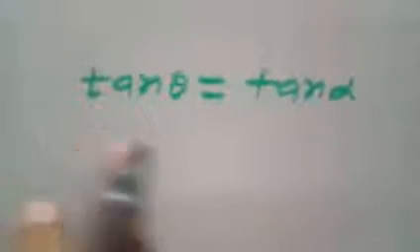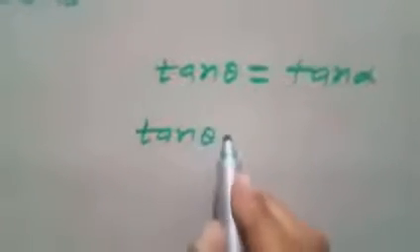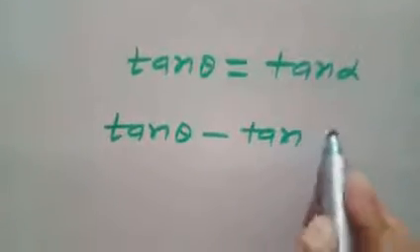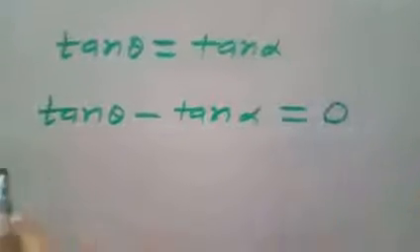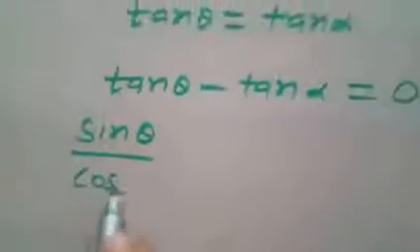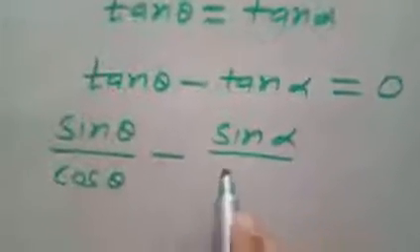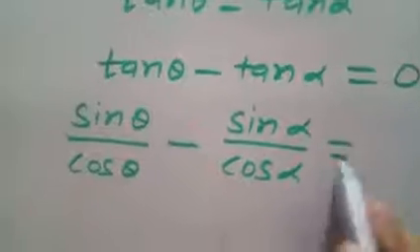Now if tan theta is equal to tan alpha, then in the next line we can write tan theta minus tan alpha equals 0. Here, as you know, tan theta is equal to sin theta upon cos theta, so sin theta upon cos theta minus sin alpha upon cos alpha is equal to 0.